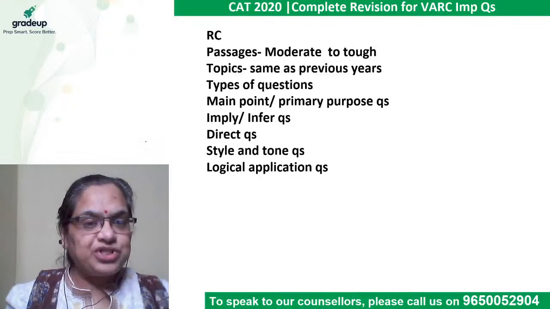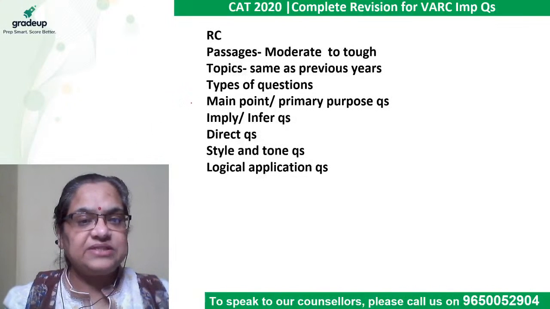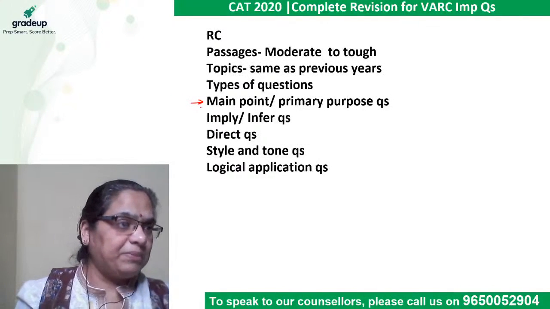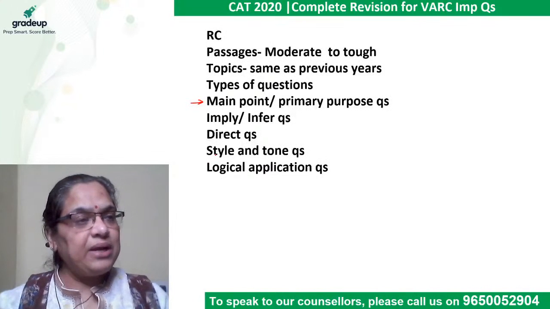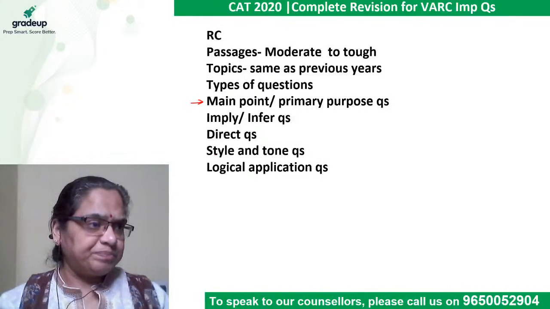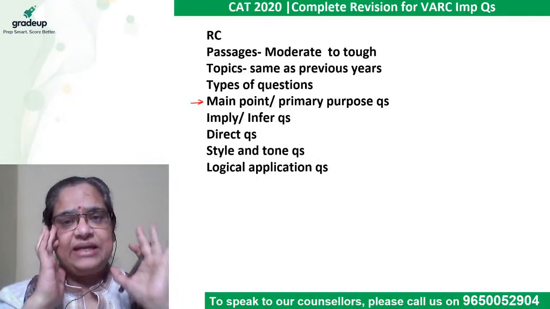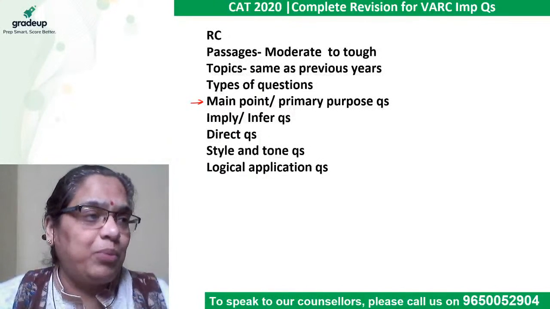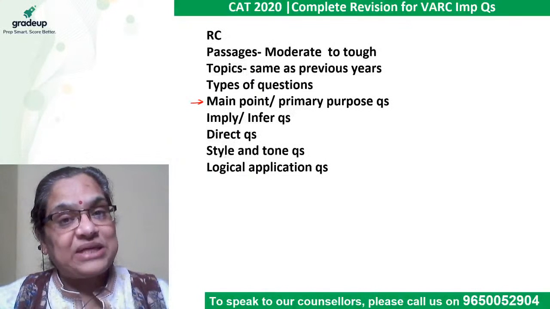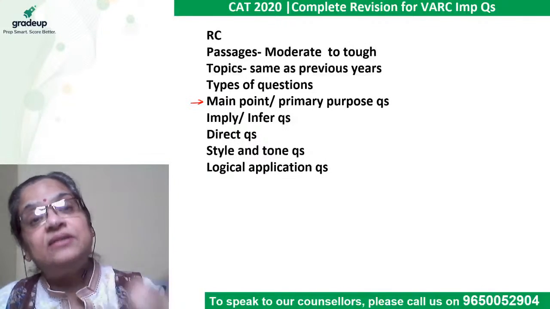So one of the questions that one always asks is, what is the main point or the primary purpose of the passage? Now remember, the main point is the gist of the passage. Which of the options tells you exactly the passage in one sentence? That's the main point. The primary purpose of the passage is, why do you think the author has written the passage?